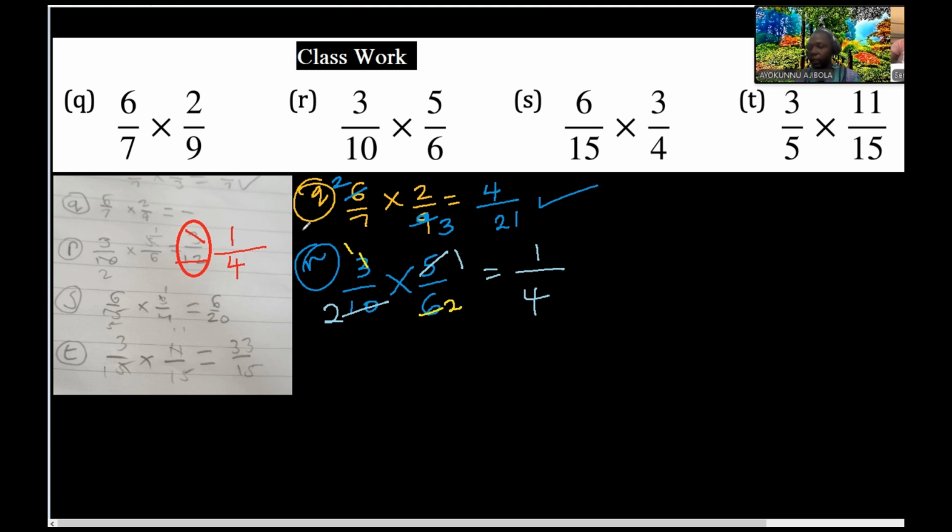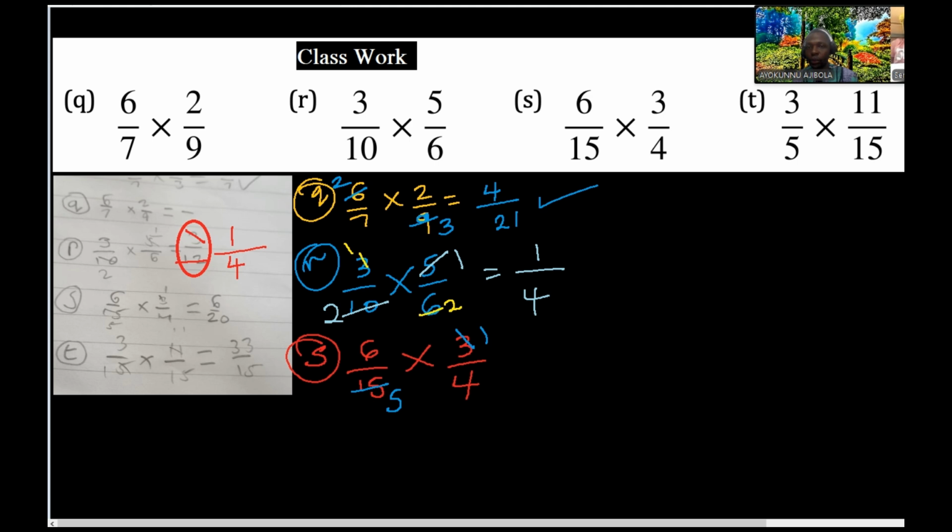Then the next one is option S. For option S, we have 6 over 15 and 3 over 4. Now, if you look at this carefully, you'll see that 3 can divide 15 to give me 5, right? So, what number can divide both 6 and 4?